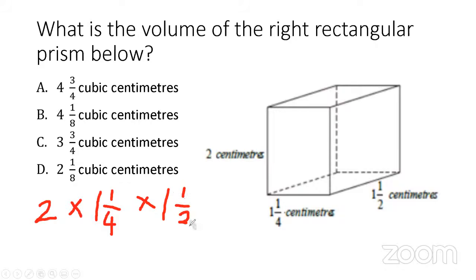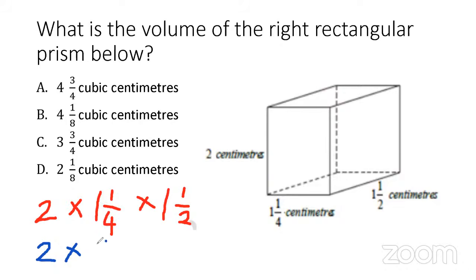All right, so we change those to improper fractions. So that would be 2 multiplied by what? What's the improper fraction of 1 1/4? Go ahead and tell me. 4 times 1, 4, plus 1, 5.